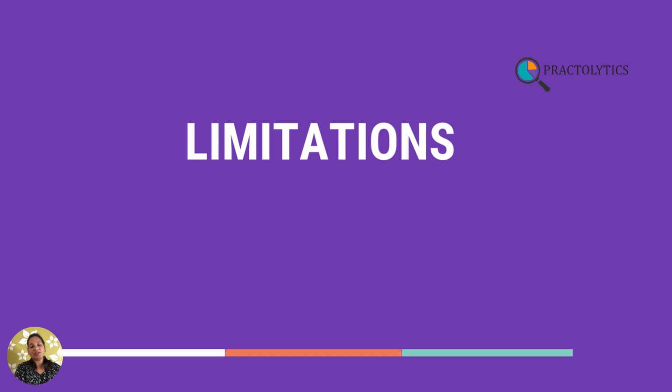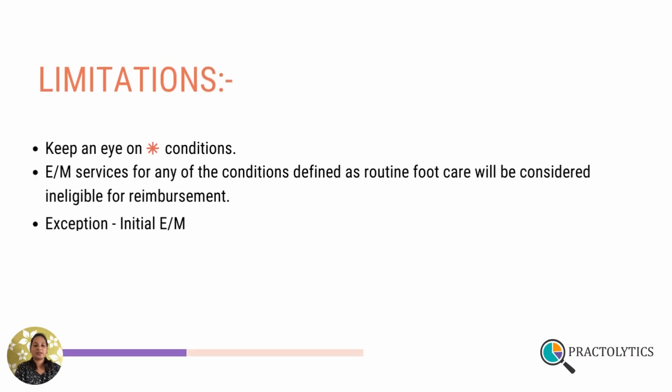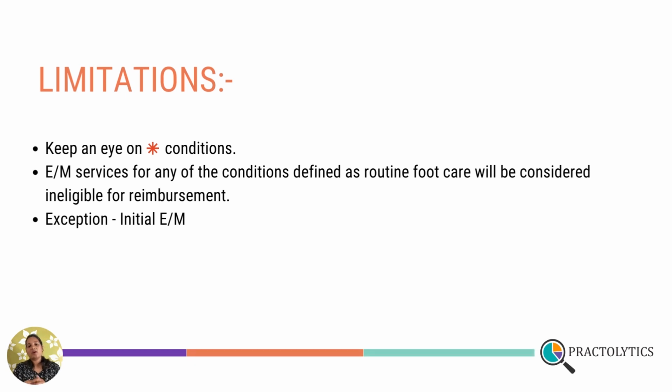Today, we'll start with the limitations that are associated with this service. When we talk about limitations, the first thing you are supposed to remember is that when the patient's condition is designated by an ICD-10-CM code with an asterisk in your respective state local coverage determination, it indicates that the routine foot care service will be reimbursable only if the patient is under active care of a doctor of medicine or osteopathy.